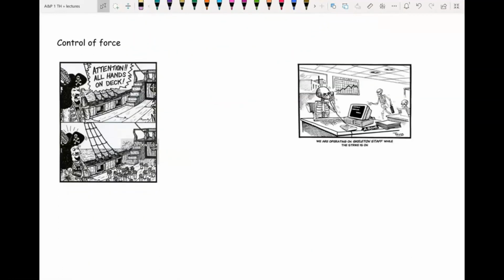Another feature that we get from motor units is the degree of force, or we get control of the force. You don't necessarily have to use all your motor units. Your brain can decide how many it wants to use. Suppose that you are babysitting a baby and you're at the park, it's a nice day, but a mosquito lands on the baby's nose.